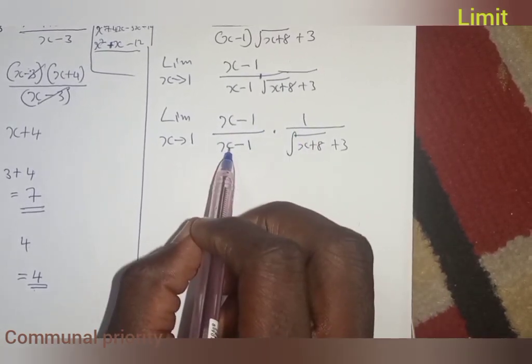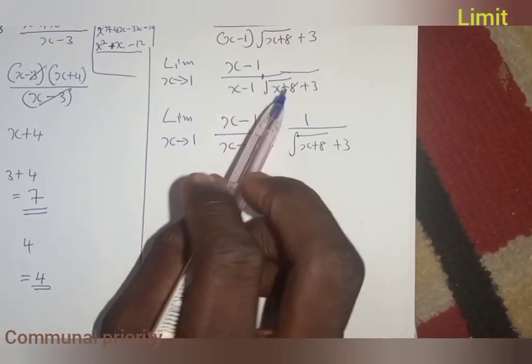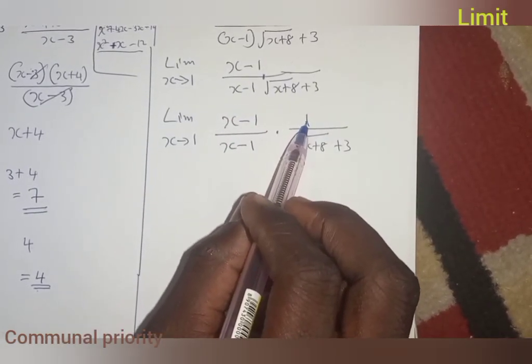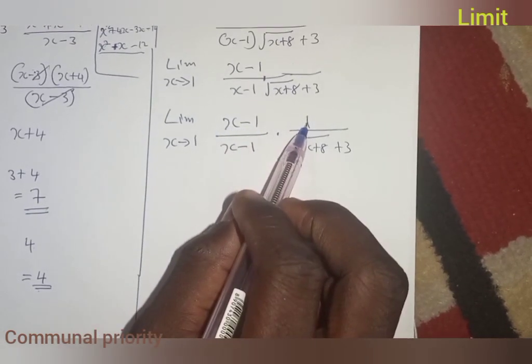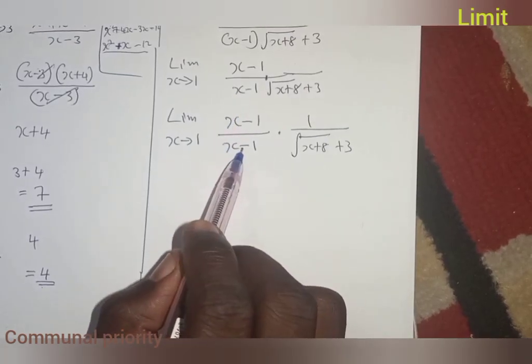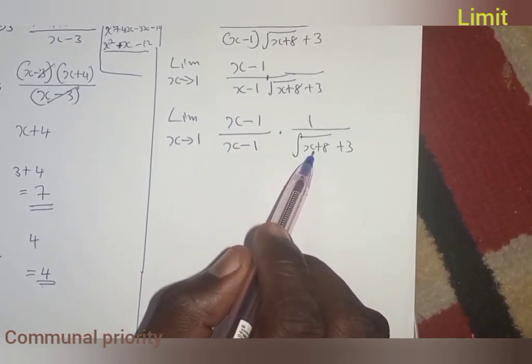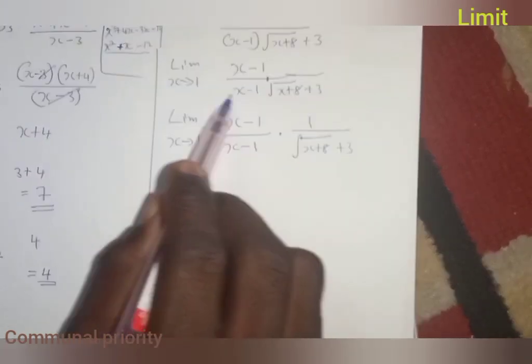Then divided by x minus 1 times square root of x plus 8 plus 3, as we have here. We can simply do that. This is 1, and anything multiplied by 1 is equal to that number. So x minus 1 multiplied by 1 will give you, as we have here in the denominator, and x minus 1 multiplied by square root of x plus 8 plus 3 will give you, as we have here in the denominator.